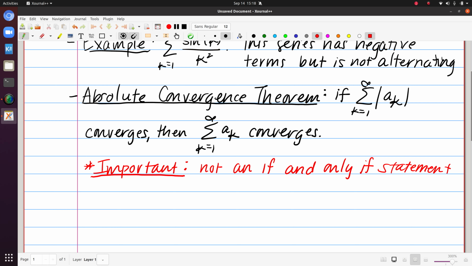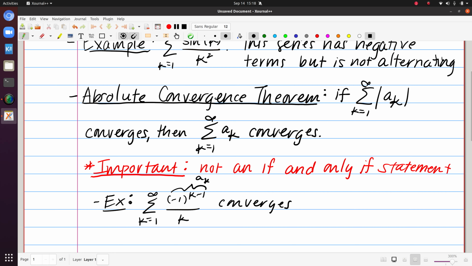A good way to keep that in mind is to think of a series we've already looked at, and that's the alternating harmonic series. If you recall, that was the sum from 1 to infinity of negative 1 to the k minus 1 over k. This series converges. So think about this as playing the role of a sub k.